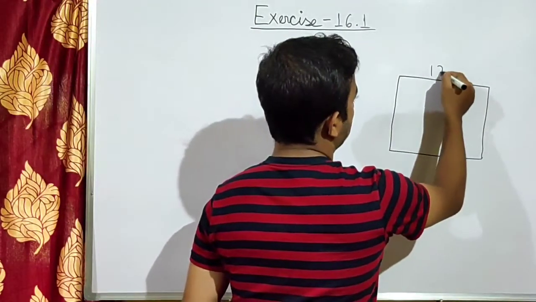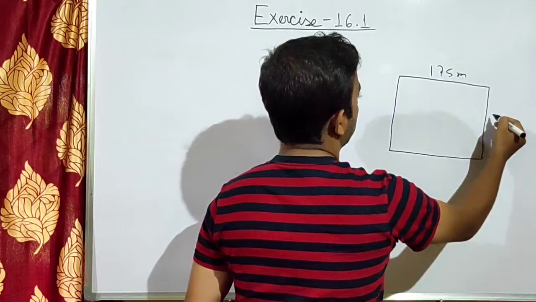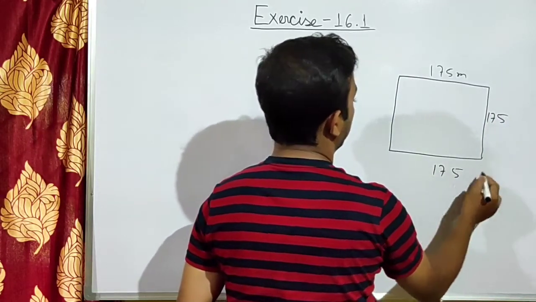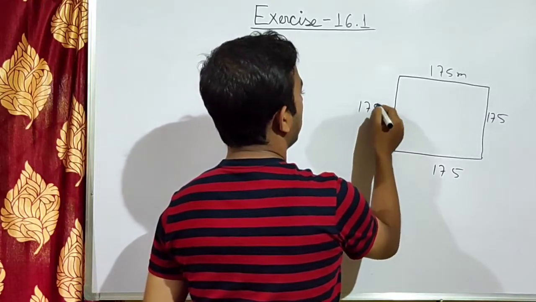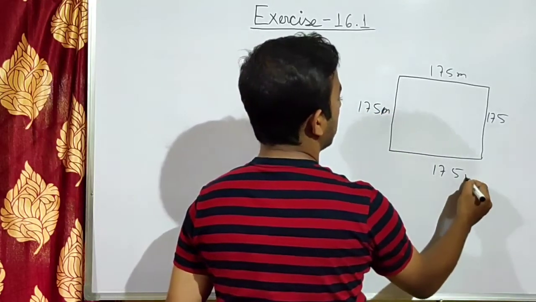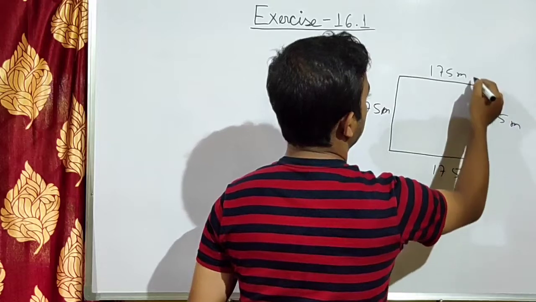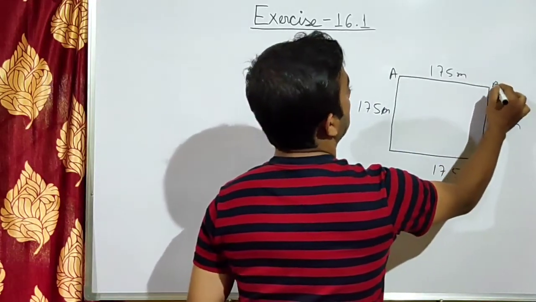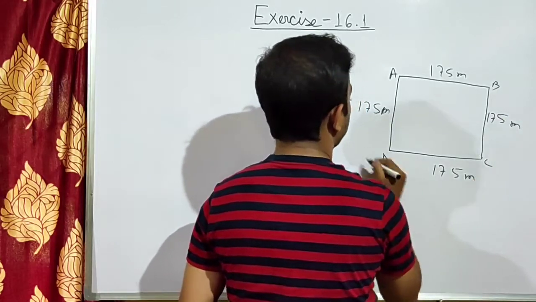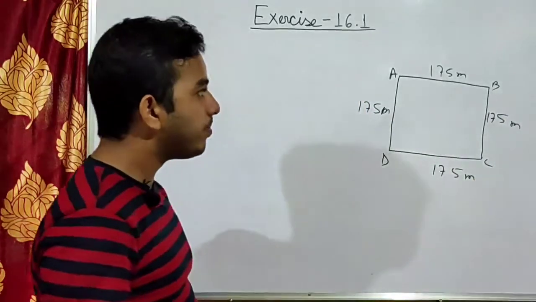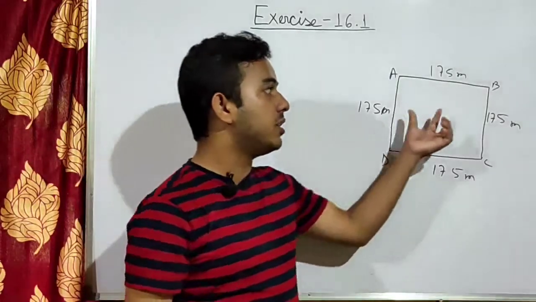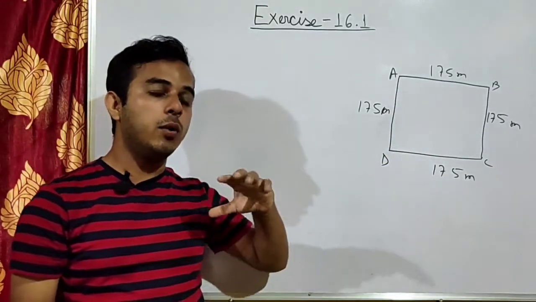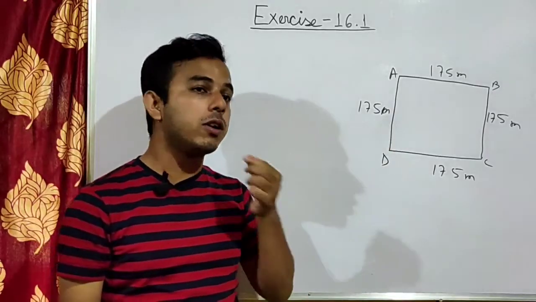Its side is how much? 175 meter. So all sides will be 175 meter. Let's name it A, B, C, D. This is our square park. We have to fence it, for example, give a boundary wall.